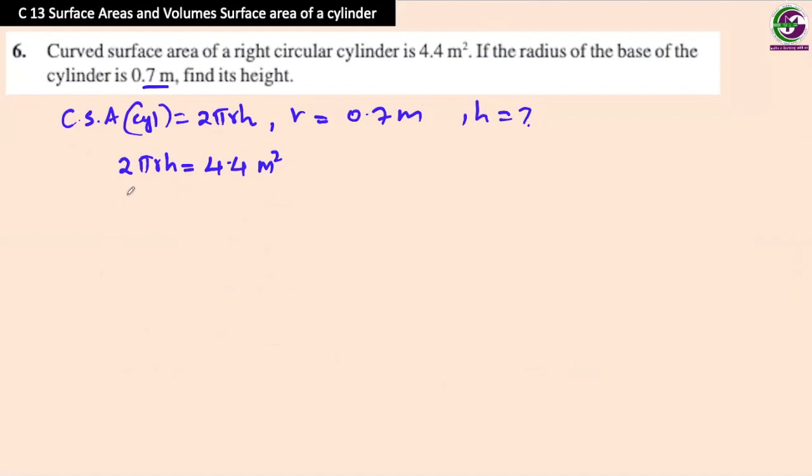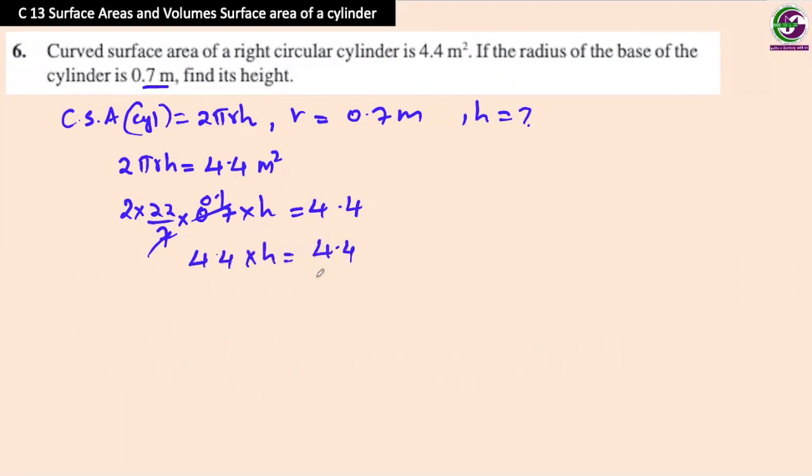So we can replace radius: 2 times 22 by 7 times 0.7 times height is equal to 4.4. 44 times 0.1 is 4.4 times height is equal to 4.4. Dividing 4.4 on both the sides, we will get height is equal to 1 meter. Both of the units are meters, so height is 1 meter. Very simple question.